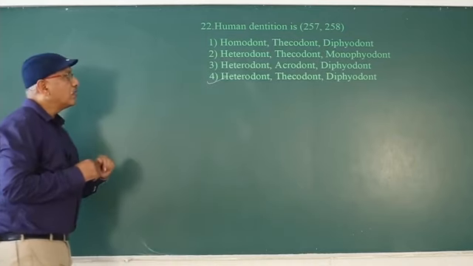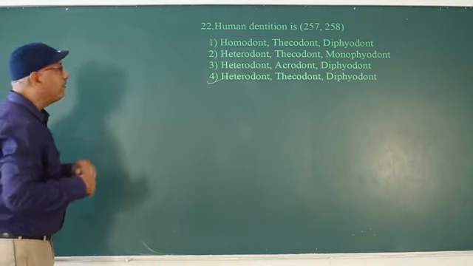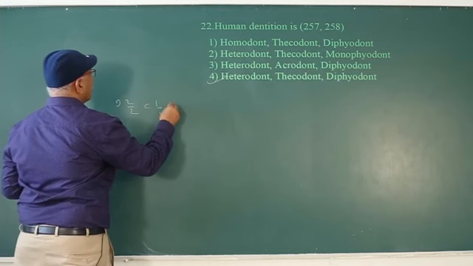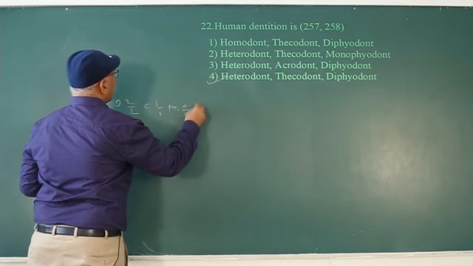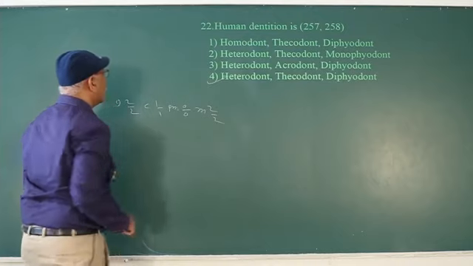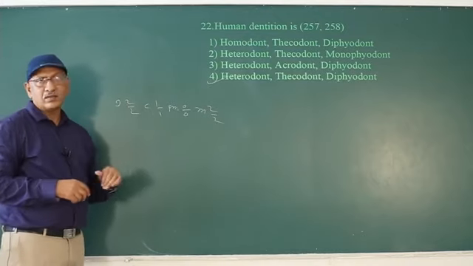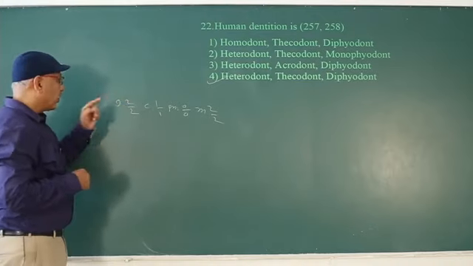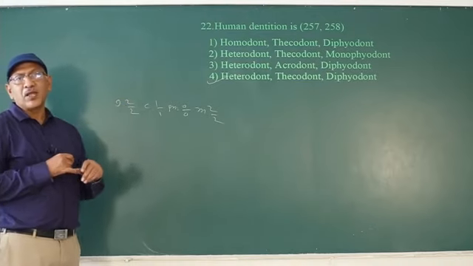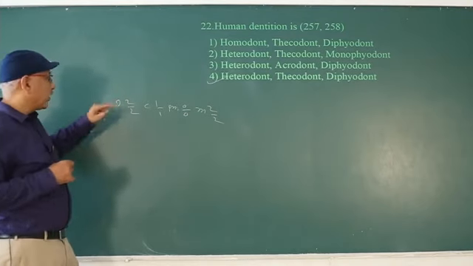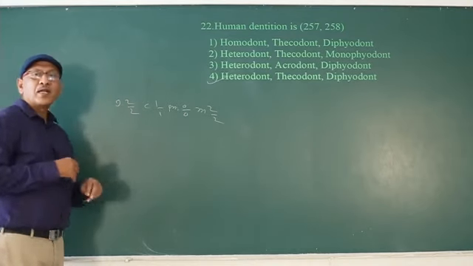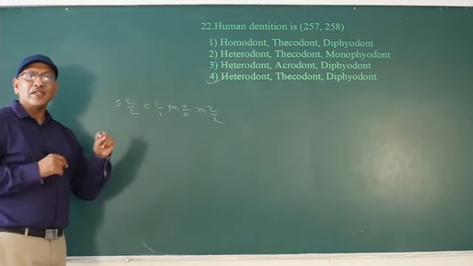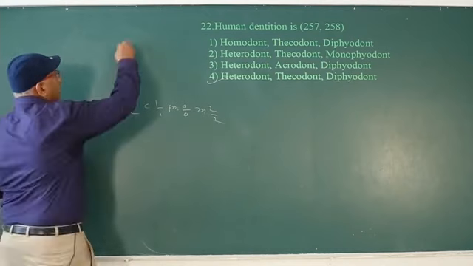Here a possible question: dental formula of infant. Incisors, canines, premolars, molars; we discuss later. First, in the dental formula, the numerator represents the number of teeth present in each half of the upper jaw.